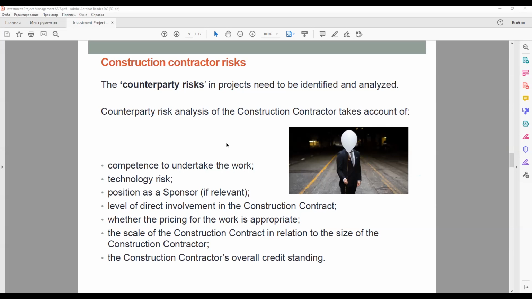So in each contract for construction, we try to compare our prices to the average price on the market by providing an analysis of, for example, if we have to construct some 1,000 square meters, then how much it costs on the market for the concrete works, for masonry works, and then for some internal furnishing, et cetera.